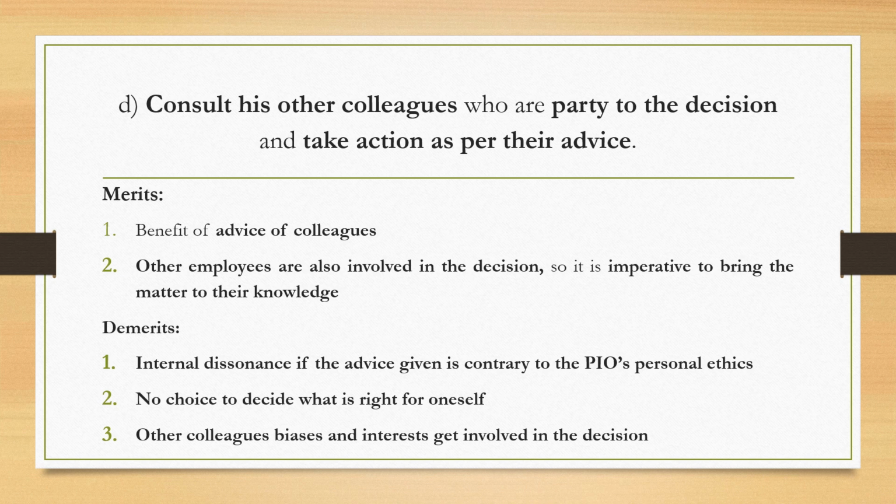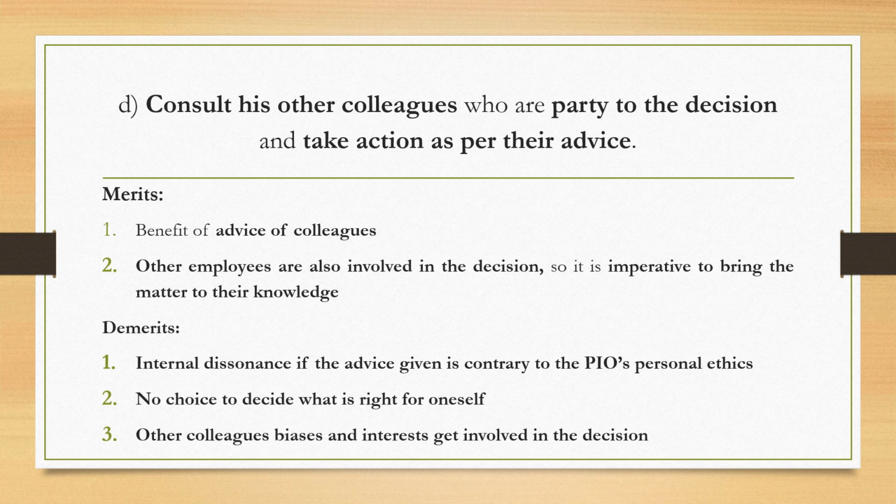Now, demerits: internal dissonance if the advice given is contrary to the PIO's personal ethics. So if the PIO believes otherwise and the colleagues are saying something else which does not match the PIO's personal ethics, then there might be internal dissonance. No choice to decide what is right for oneself.